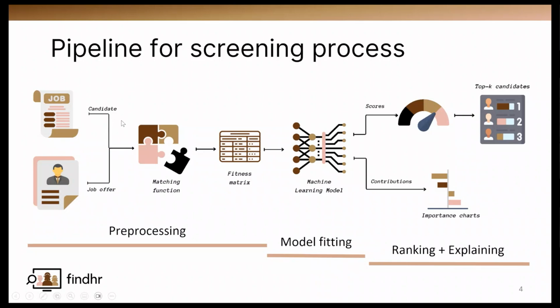So this matching can be just 0-1, either the candidate knows English or does not know, or it can be a percentage. If the candidate is required to know 3 languages and only 2 are known by the candidate, we have 67% of the matching.